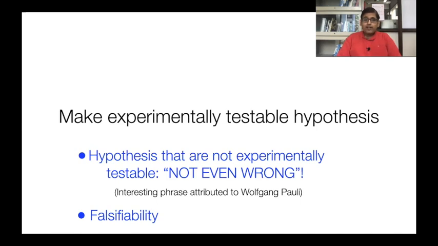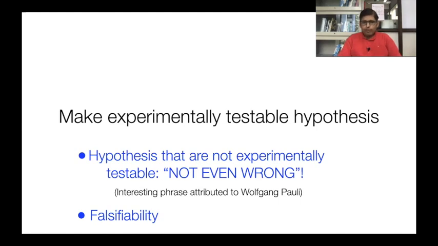That is often called 'not even wrong'. It's an interesting phrase attributed to Pauli, so you should go and read about this. You don't have a hypothesis which is falsifiable. This word falsifiable is the crucial thing in science. You have to have a hypothesis which can be either proved to be right or proved to be wrong. So this has to be falsifiable.